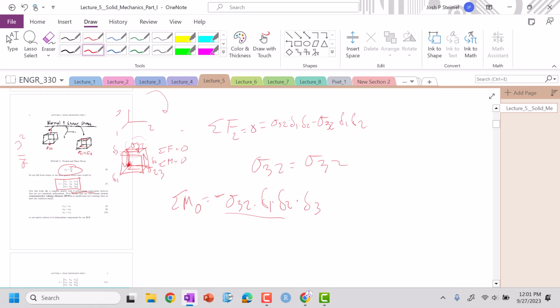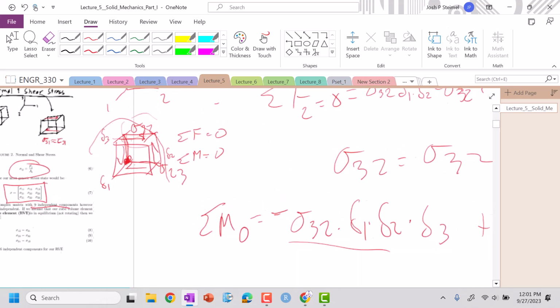Then plus sigma 2,3, because it brings me counterclockwise, and the area it acts on is delta 2 times delta 3. Let me make sure.